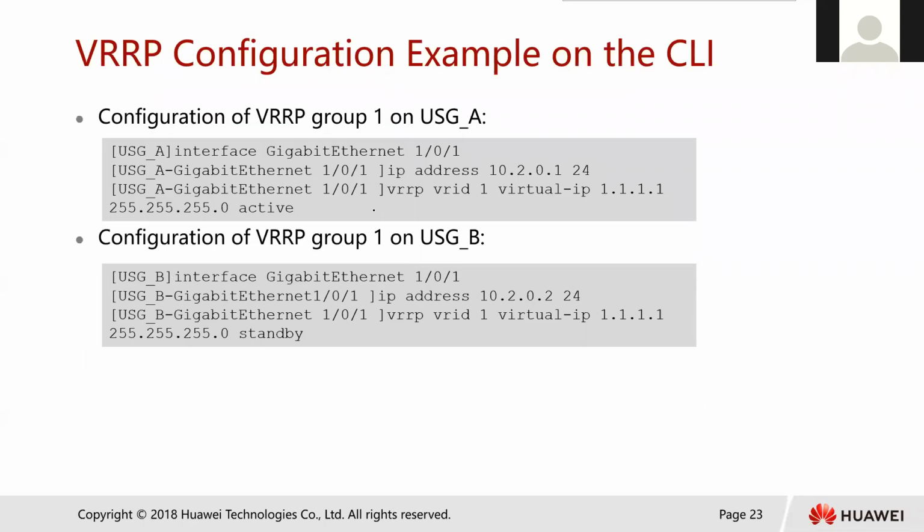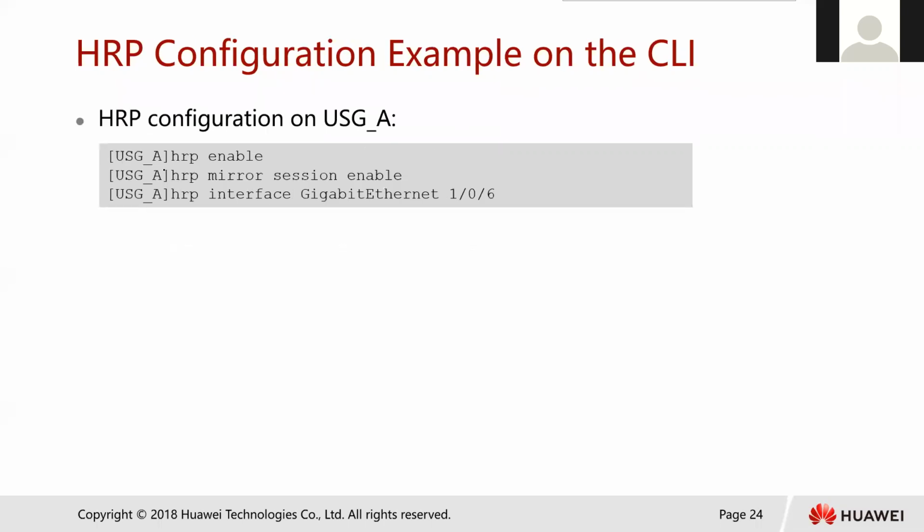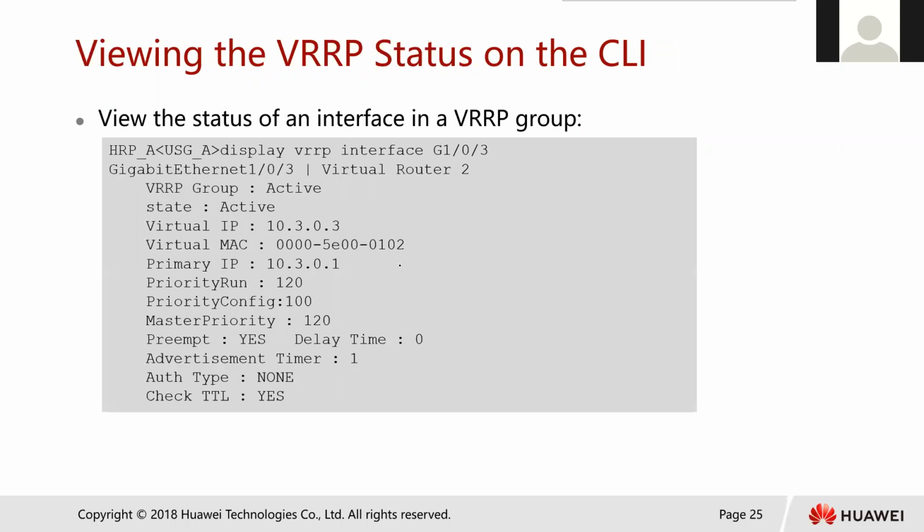When we implement VRRP, we use it in the interface, and the command is like this, and USG B also. HRP enable, just use the system view to configure it.